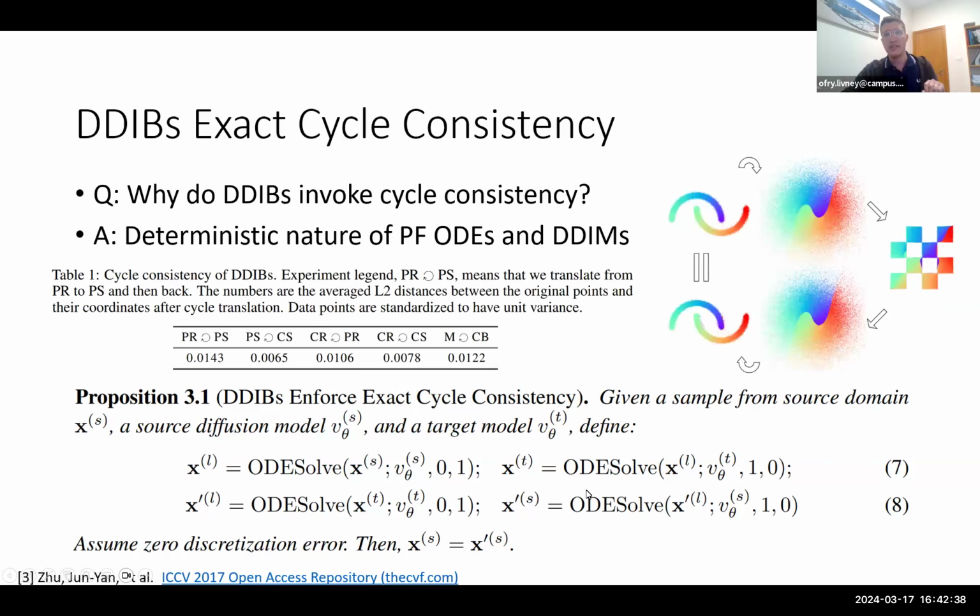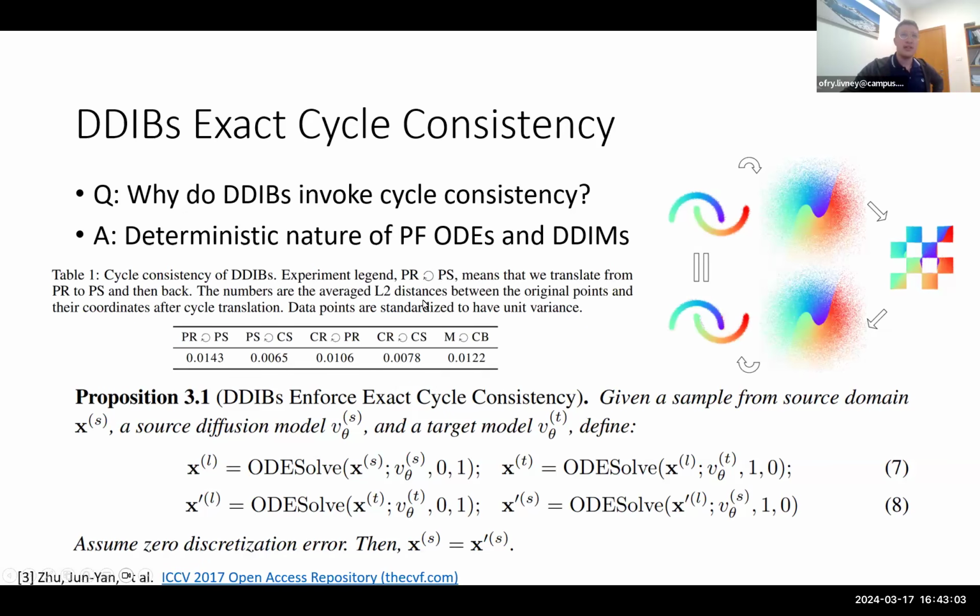And they go on and test this by training diffusion models on some simulated domains, as can be seen here. This is a very nice example that shows that they take some sample from some source domain, translate it to some target domain, then reproject it back. And you see that both the samples are equivalent. This is also tested by L2 distances.